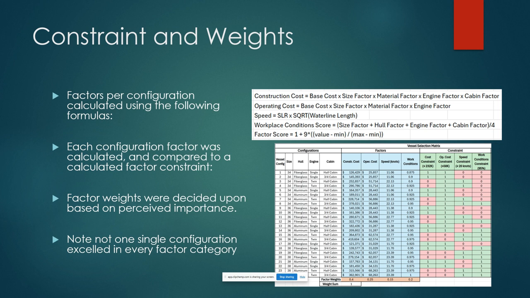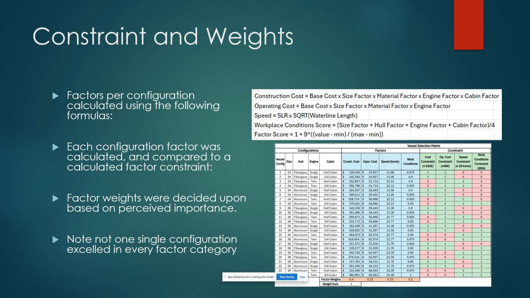Next, we'll go into our constraint and weights. Each configuration was calculated using the corresponding formulas here at the top that reflect the cost, speed, and working conditions. The results are then compared against our constraint values calculated earlier to determine if the vessel met the minimum acceptable thresholds for that category.